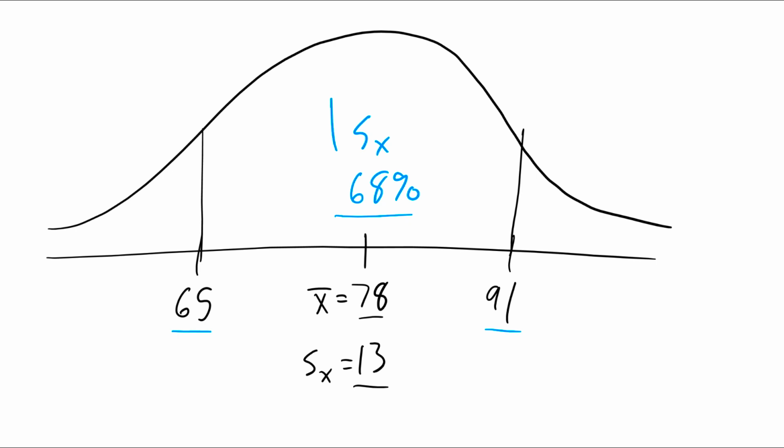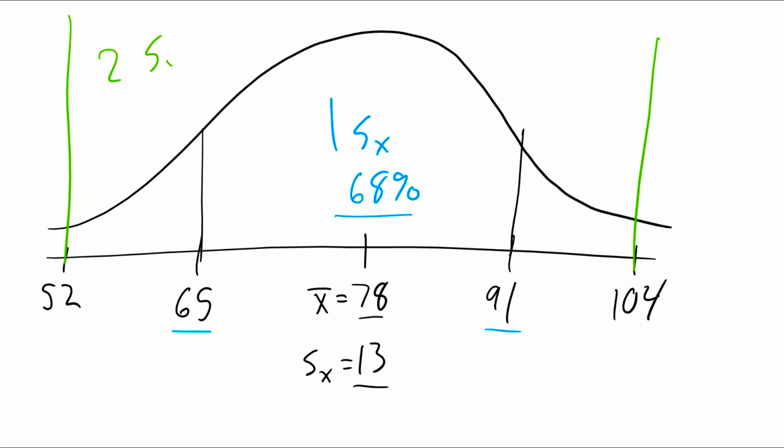We can also continue to go farther away from the mean. So 2 standard deviations above the mean would be another 13, so that would go all the way up to 104. That's 13 points above 91. And then all the way down to 52, which is 13 points below 65. So anything within that range is 2 standard deviations, so 2 S sub x.